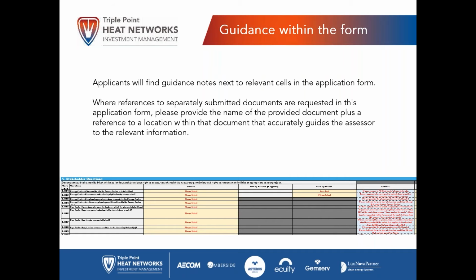And if we ask you for references or evidence, it would be really useful if you could let us know the name of the document, the file name that you'll upload alongside your application form, and also whereabouts in that document we can find the relevant information. It just helps our assessors find those particular bits of information.